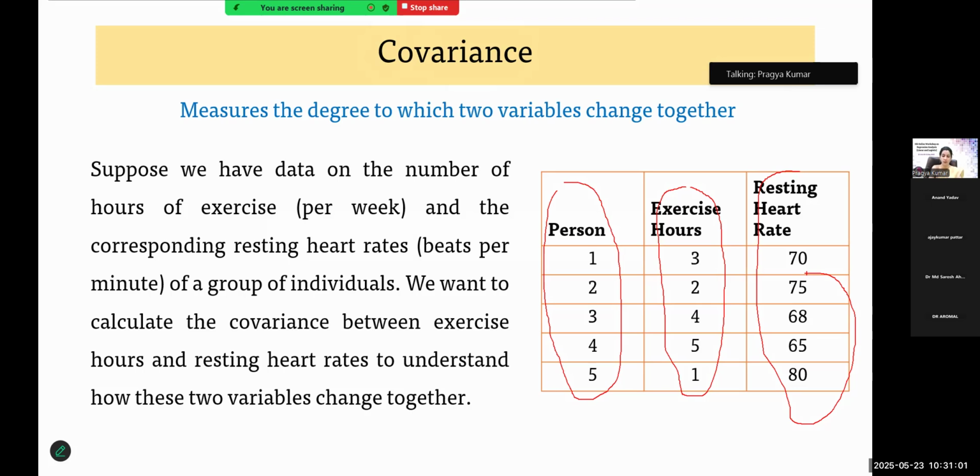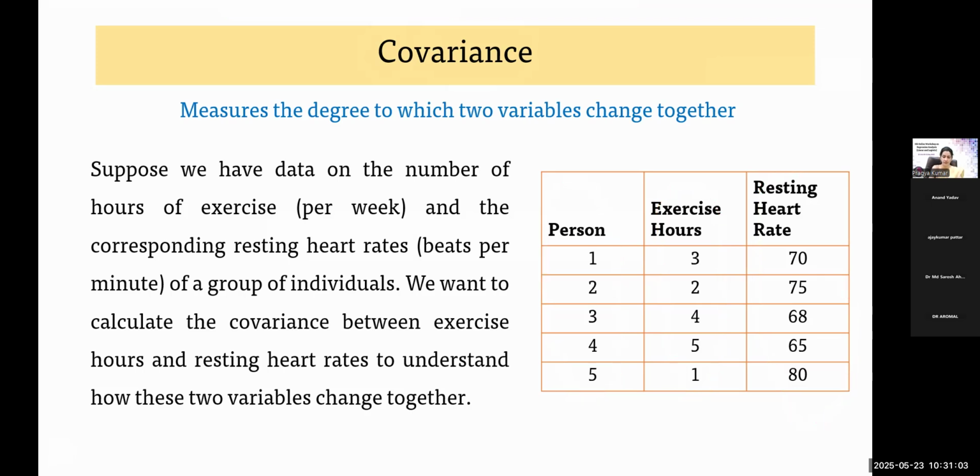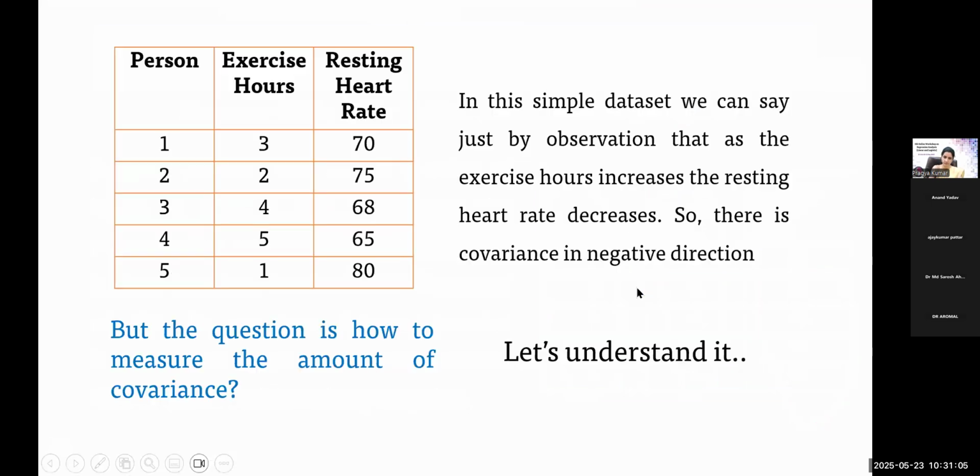Just look at this data for a few minutes, then you can understand what I'm talking about. You can see the exercise hours: 3, 2, again increasing, 4, 5 and 1.